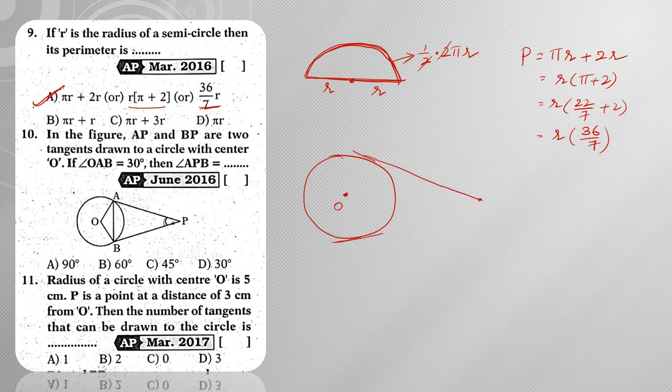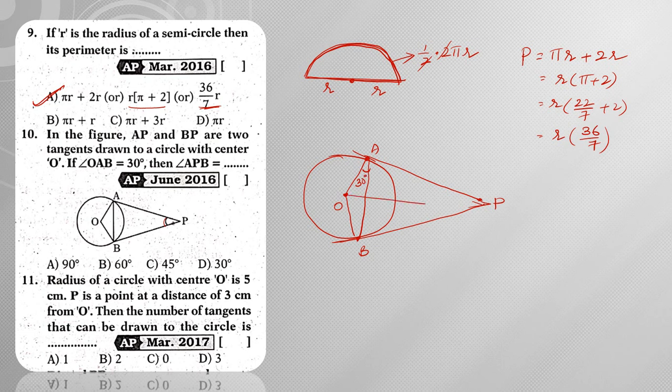So this is one tangent and this is another tangent. These two tangents are drawn from external point P, and this particular point of contact is A and this particular point of contact is B. Now this angle OAB is given as 30 degrees.